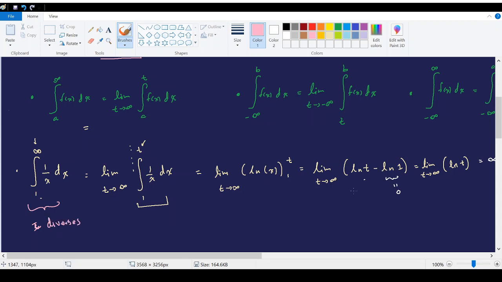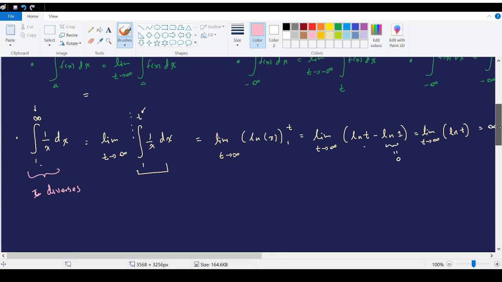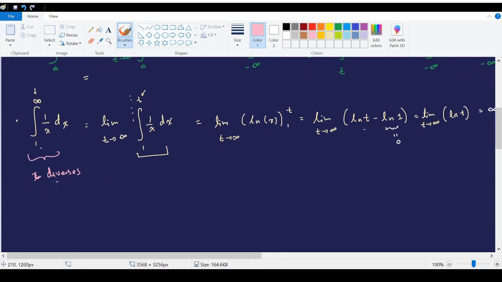So the idea that you can get from this conclusion is, if you draw the graph of this function, it will be something like this, okay? And if we compute the area starting from 1 and going up to infinity, it will be an infinite value, right?